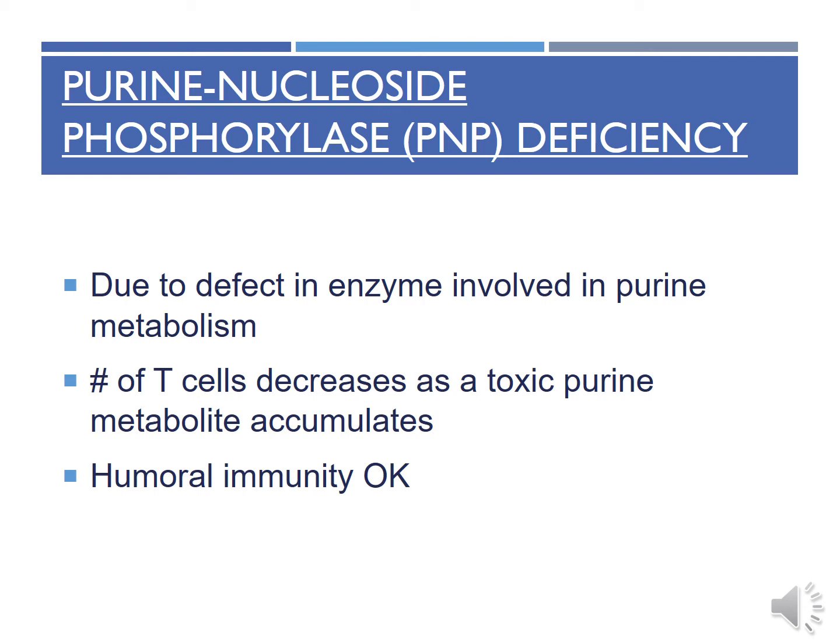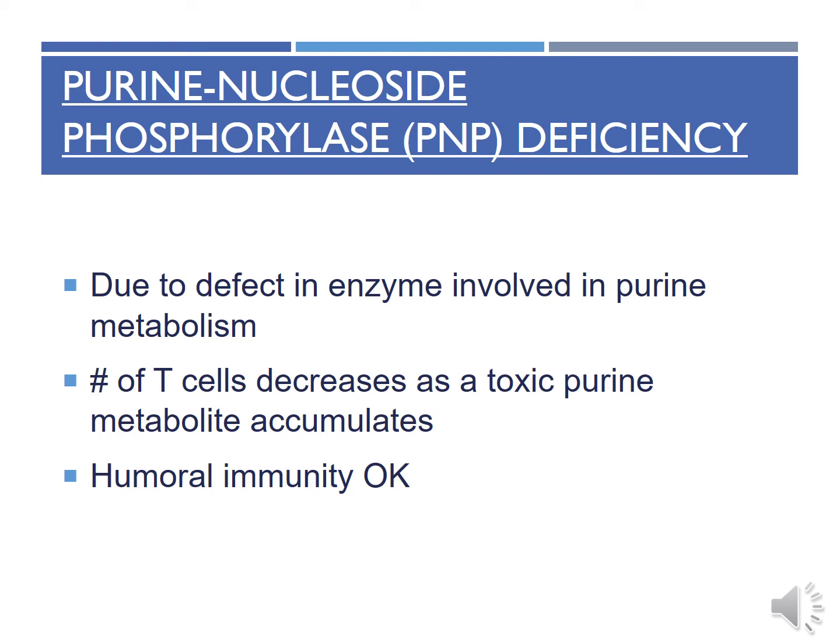One thing to note also is that when infants are showing these symptoms or signs, remember the number of T cells is decreased, PNP deficiency can be confused with neonatal HIV infection because they show the same symptoms.